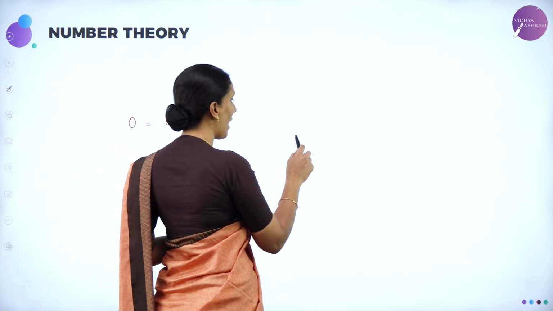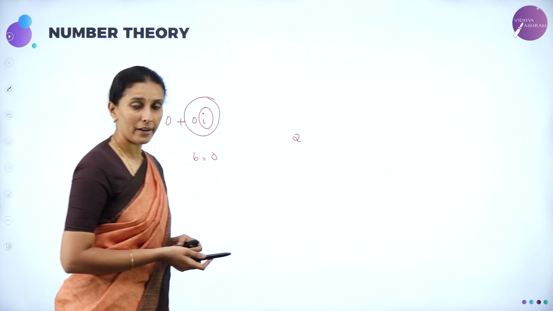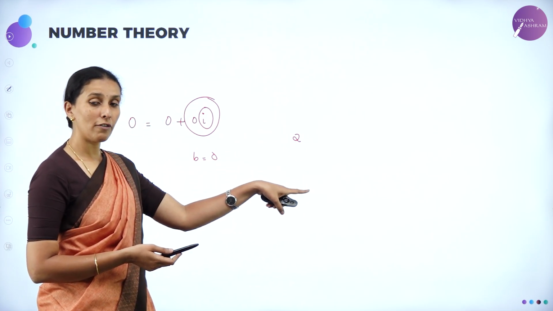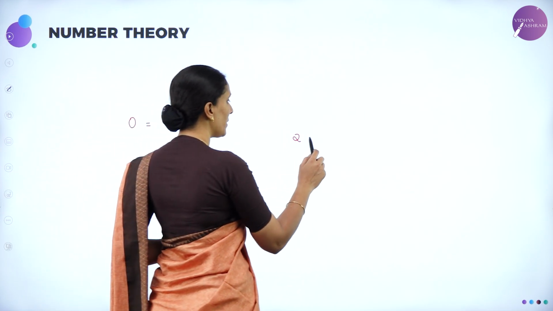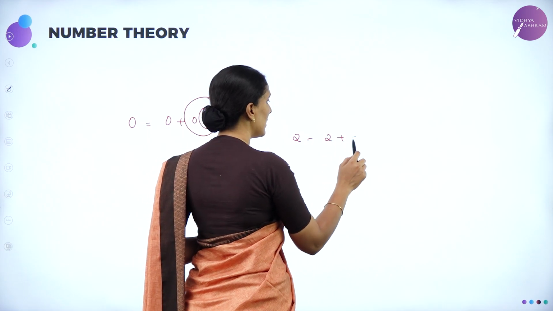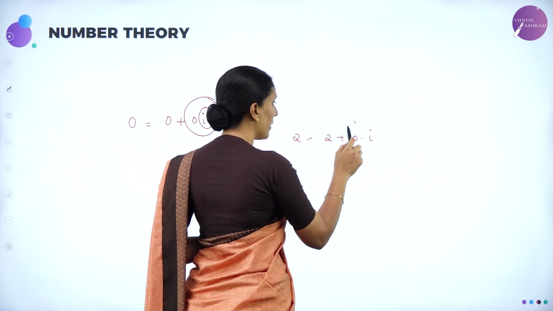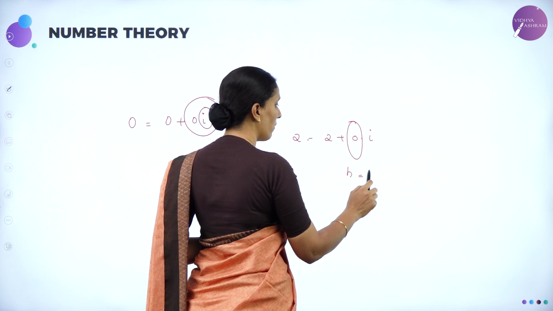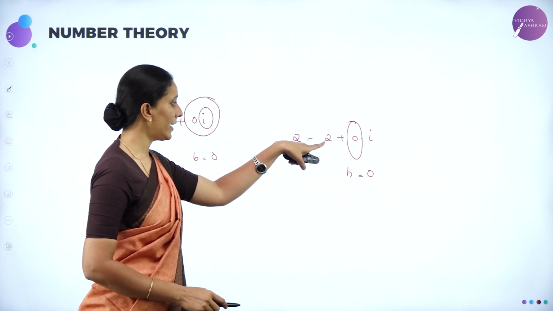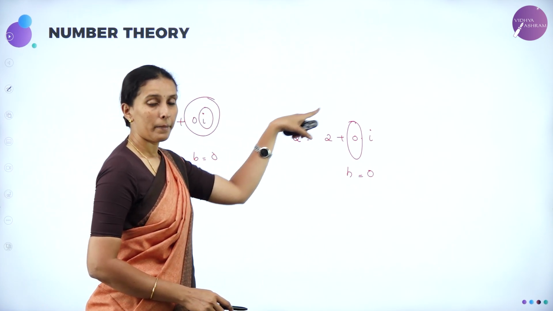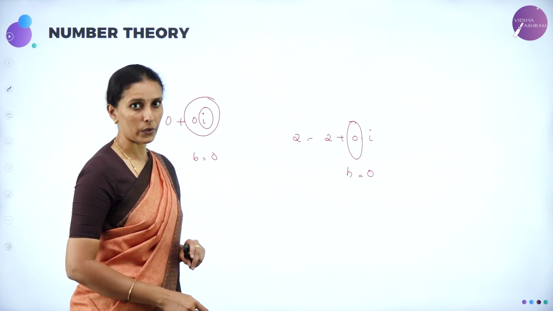For instance, 2 is already a real number but it can be expressed in the form of a complex number, which means I can write 2 plus 0 into i. Remember, here the value of b is always 0. So therefore there exists only the real part but the imaginary part is 0 here.